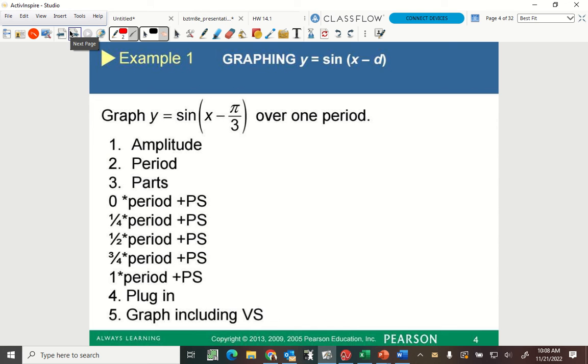If you notice, right here, I have everything listed, and this is what you're going to do. So write down all these right here. This is all my parts. So step 1, step 2, step 3, step 4, step 5. And I will explain that here in a moment after you get done writing it all down.